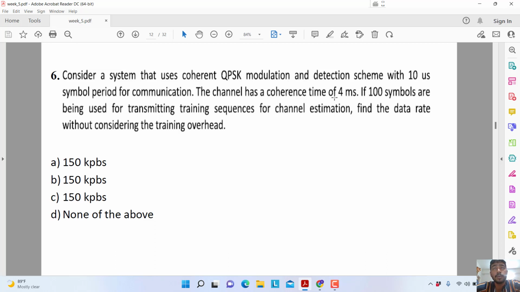By using that, you can calculate the number of symbols and subtract the 100 symbols, because they are used for channel estimation. You can consider it as overhead. So firstly, calculate the number of symbols by using the symbol period and the coherence time. Try it.